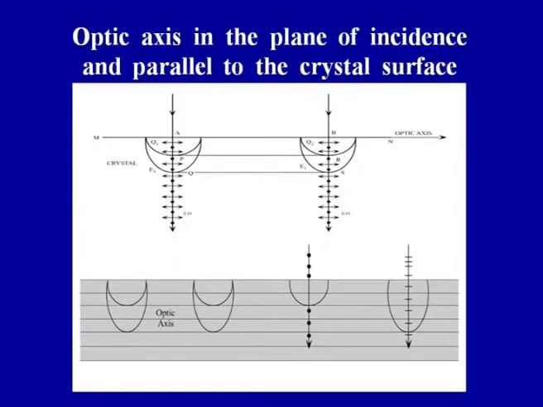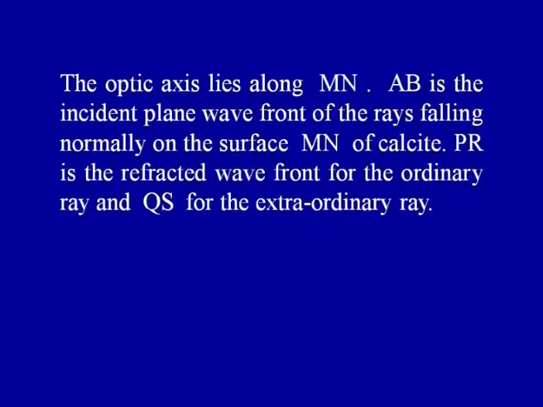First, we take up optic axis in the plane of incidence and parallel to the crystal surface. The optic axis here lies along MN. AB is the incident plane wavefront of the rays falling normally on the surface MN of calcite. PR is the refracted wavefront for the ordinary ray, and QS for the extraordinary ray.